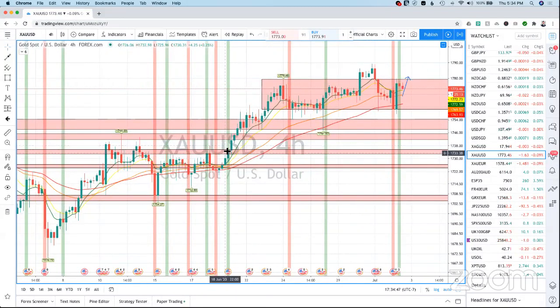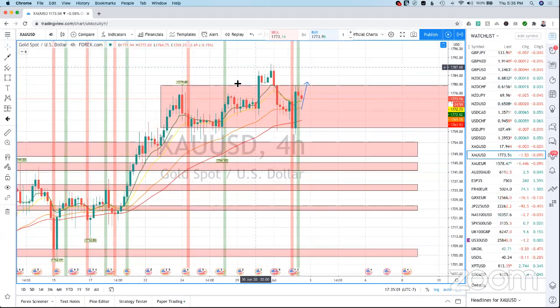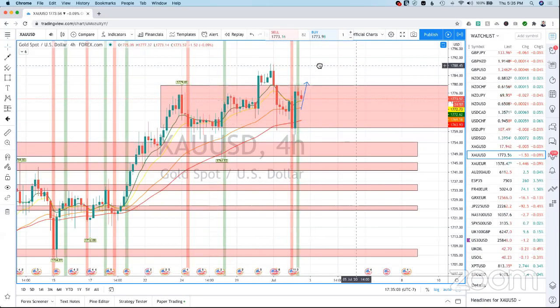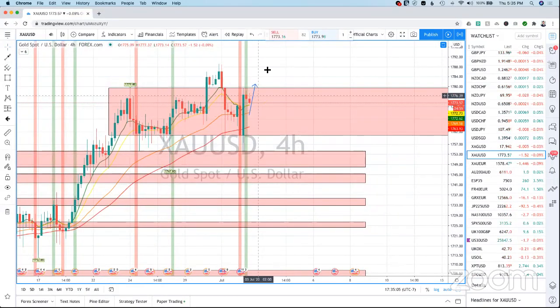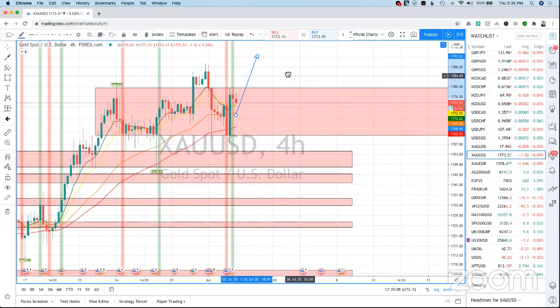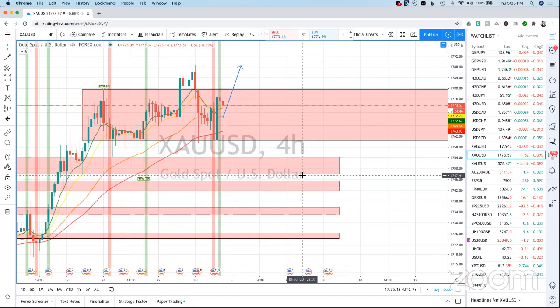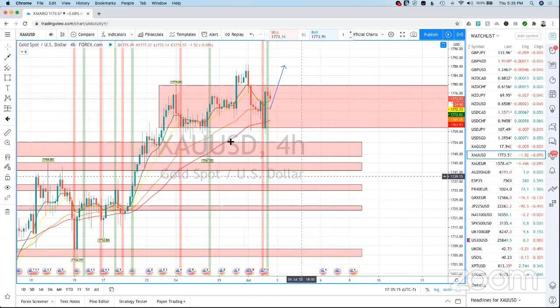Price was stuck in these zones earlier in the past, but once price broke the zone, it shot up to the next zone and then shot up to the next zone, and then it kept shooting up until it rejected from here, came back down, shot up. It wasn't able to pass the zone, and then it came back down. So it looks like here it's making a third attempt to shoot back up. So I think if price comes up and creates a higher high right here, then I think it'll continue on upwards. So this would be good.